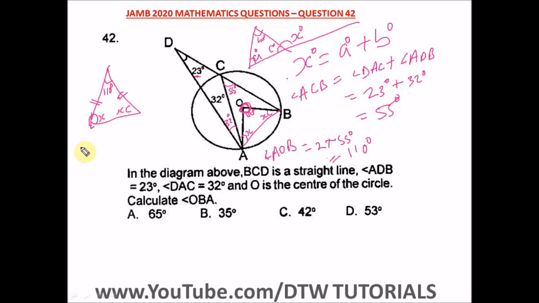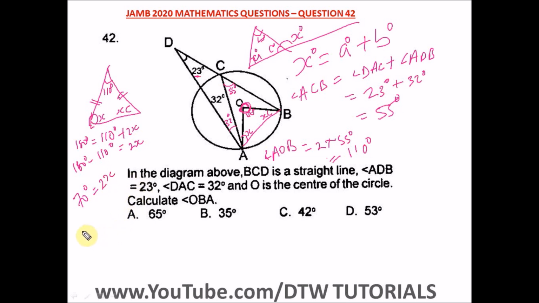Remember the formula that says the sum of angles in a triangle is equal to 180 degrees. So we have 180 degrees minus 110 degrees equals 2x.